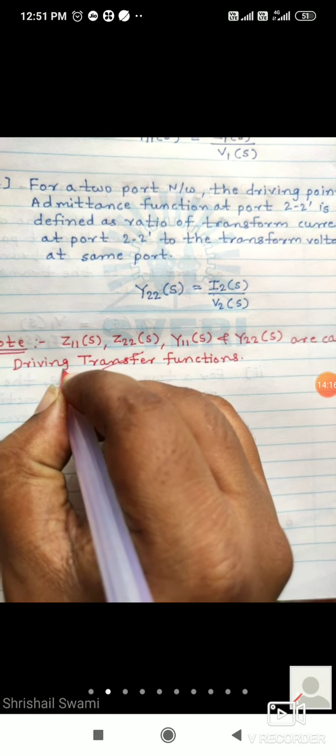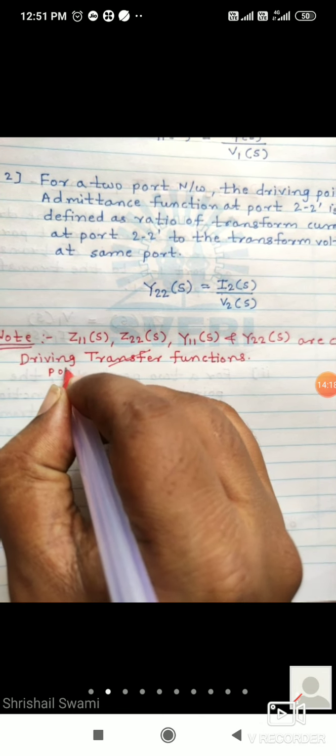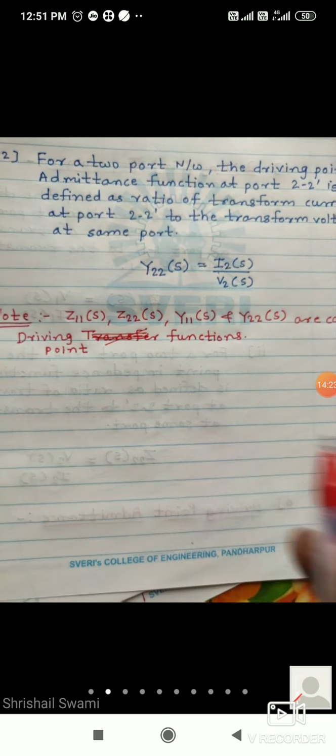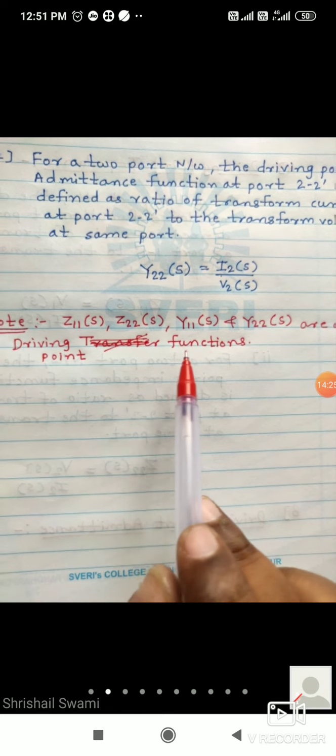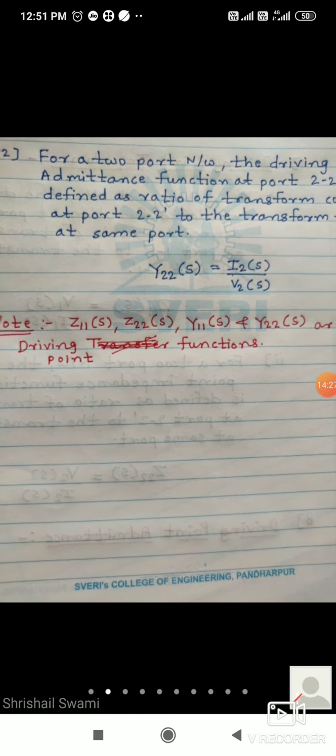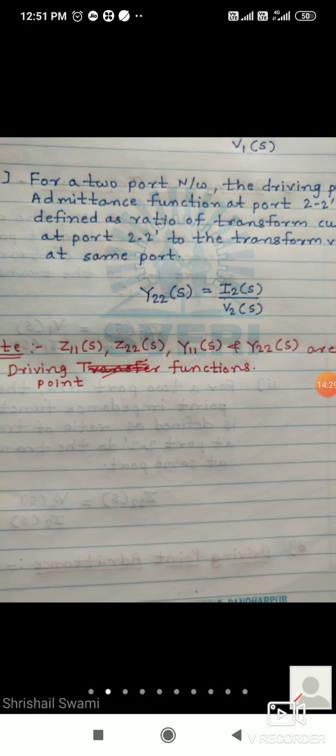Transfer functions we are observing next. So these 4 are called as what? Driving point functions. So remaining are called as what? Transfer function. Okay.